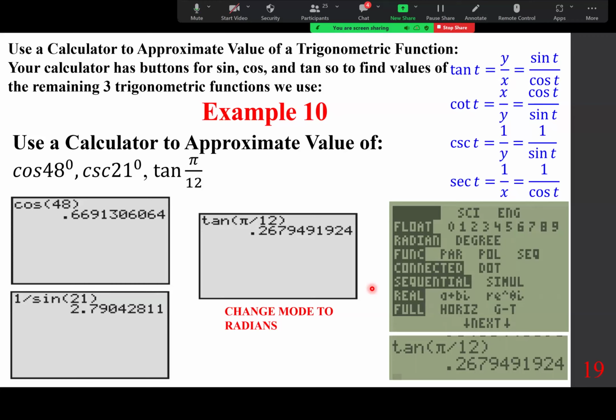So again, it's important to have it in the proper mode, radian versus degrees, as you use a calculator.